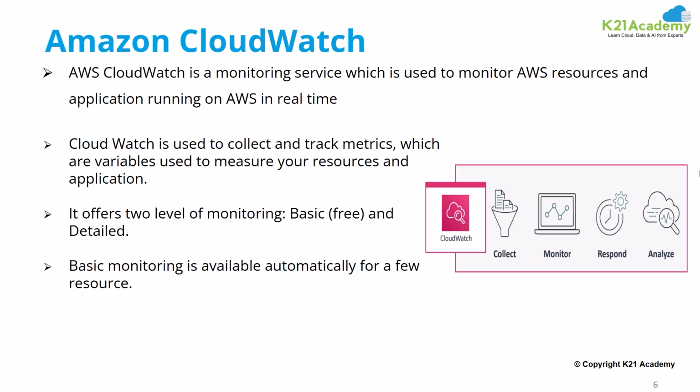CloudWatch is an AWS service that provides a near real-time stream of system events. These events describe changes to your AWS resources, and with CloudWatch, you can also respond quickly to operational changes and take corrective action. So CloudWatch alarms send notifications or automatically make changes to the resources that you monitor based on rules that you can define.